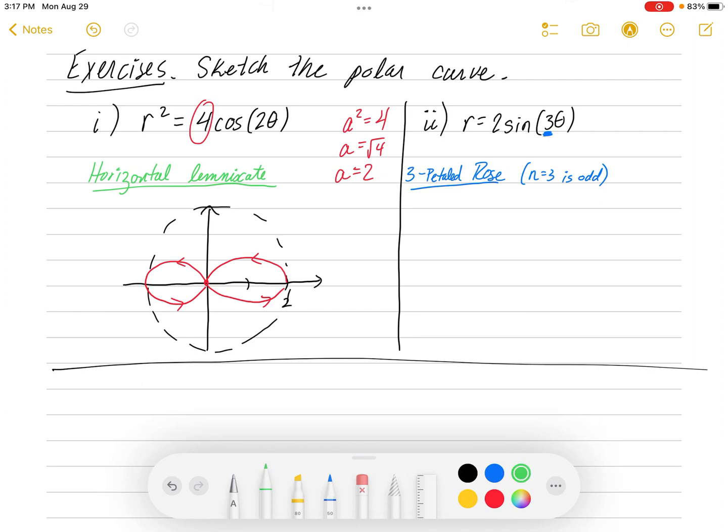Okay, so we're graphing a sine rose. And it's 3 petal. So here goes. Horizontal, vertical axis. And we go out a radius of 2.